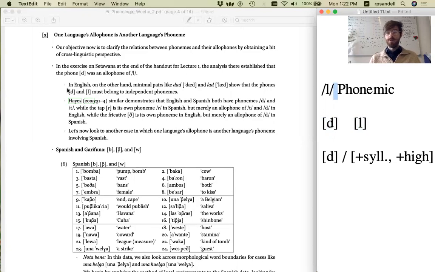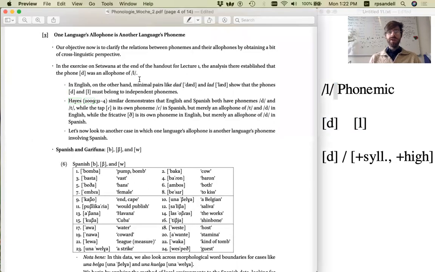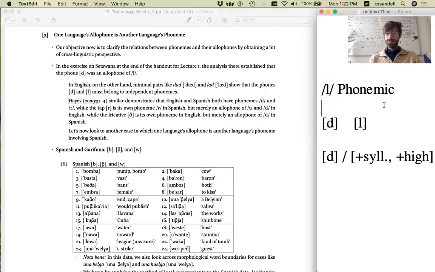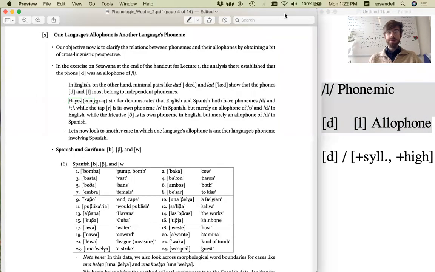In virtually all varieties of English, as far as I'm aware, we can find minimal pairs of words like dad and lad, which show clearly that these two phones, da and la, belong to independent phonemes. So in that case, here for Setswana, we have a phoneme diagram that looks something like this.